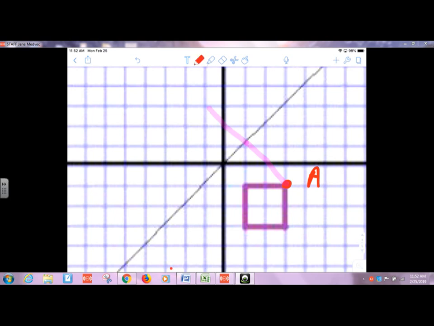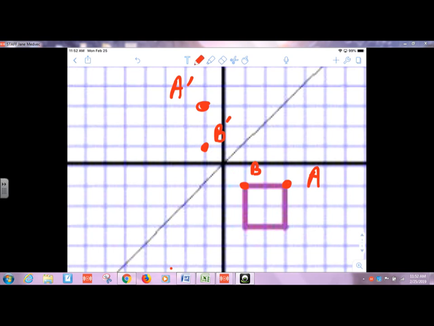I'm going to put a point there, and I'm going to call this A prime. Then I erase that because you really don't need that. This I'm going to call B. Notice that B is 1 away from that line, and so if I go the opposite direction, this would be B prime.